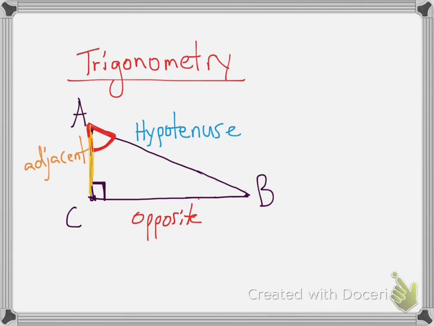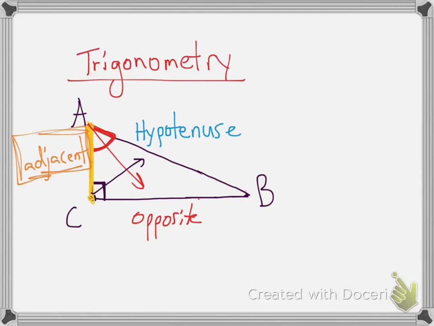So that's why it just leaves this one over here. This one has to be the adjacent by process of elimination. Because we know the opposite is obviously opposite of A, and the hypotenuse is across from the B, so that only leaves one side left. This has to be the adjacent side.